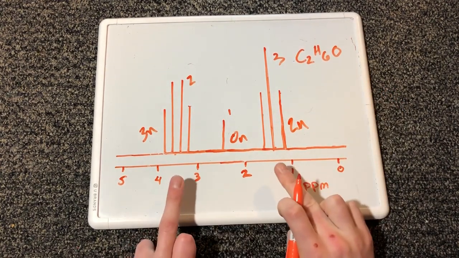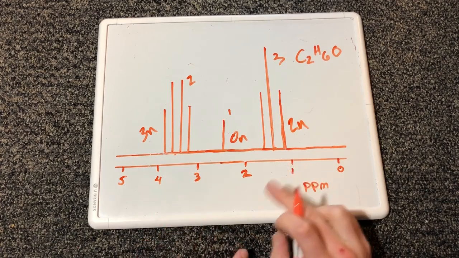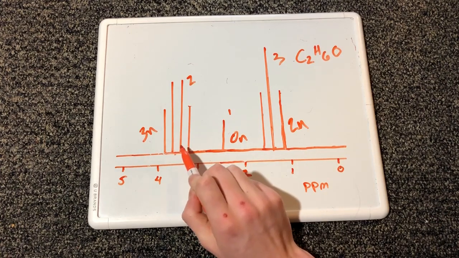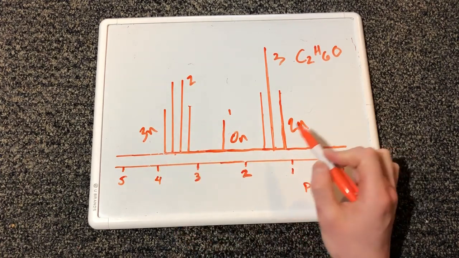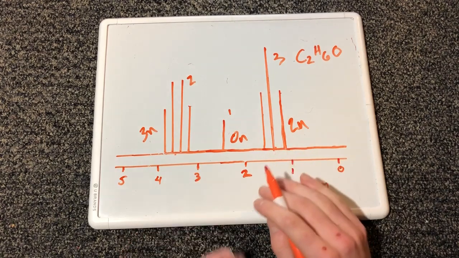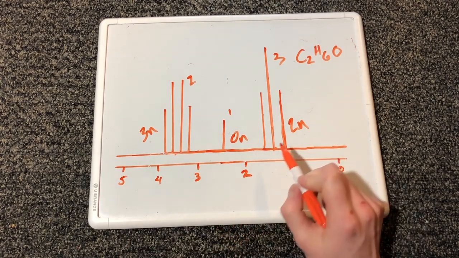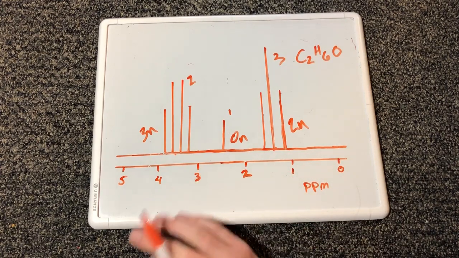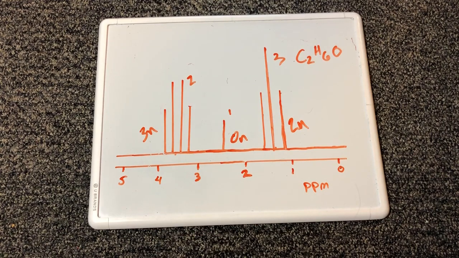So these 2 peaks right here seem to be puzzle pieces that fit really well together, because there are 2 hydrogens here with 3 neighbors, and here there are 3 hydrogens with 2 neighbors. So we can figure out that these are probably going to be right next to each other. And because these 3 hydrogens are so far to the right, we know that they're probably not next to the oxygen, where these are so far left, we probably know that they are next to the oxygen.